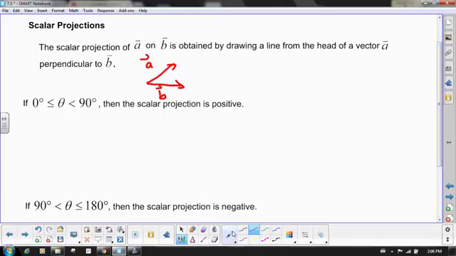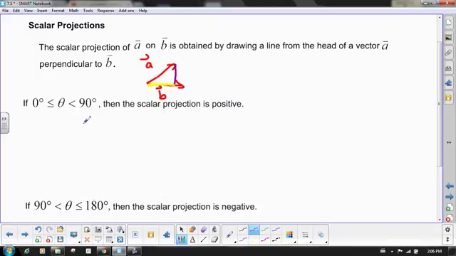Now, if I were talking about the projection, you're going to take A onto B, you start at the tip of vector A, and you drop a perpendicular down to the vector you're going to hit. So this is the perpendicular line. This right here represents the projection. Vector A has this much that overlaps with B. That's the easiest way to think of it. It's a shadow. How much does A shadow onto B?